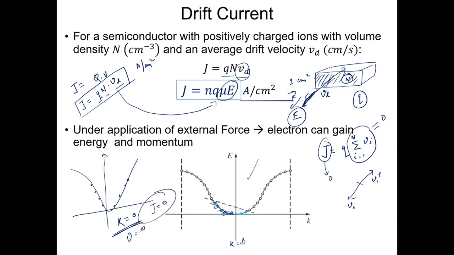But in this case you have a net finite momentum. Net finite momentum means there is an imbalance of momentum between positive and negative. It means a certain number of energy states at one side of the band are going to be occupied, whereas the other side of the band will be less occupied compared to the first side.